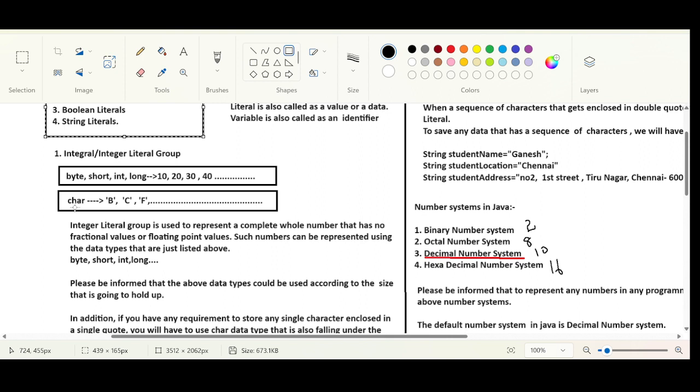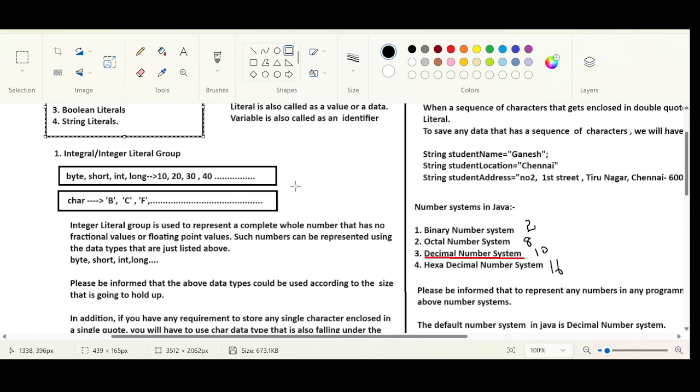There is one more categorization: char. Char means if you want to represent any single character, any single letter, any single symbol, any special character. Even the space is considered a single element.